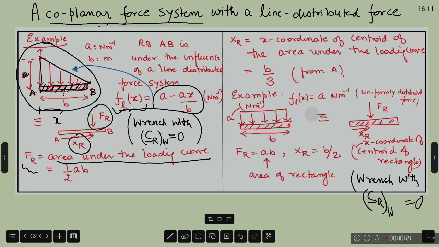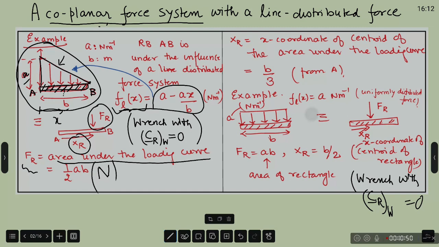What is the area under the loading curve? It is half times A multiplied by B, the area of the triangle. So that is FR, and it is in newtons. So one part is done, FR I know.